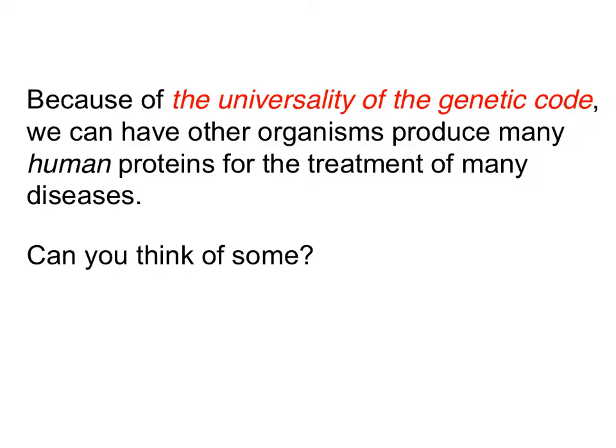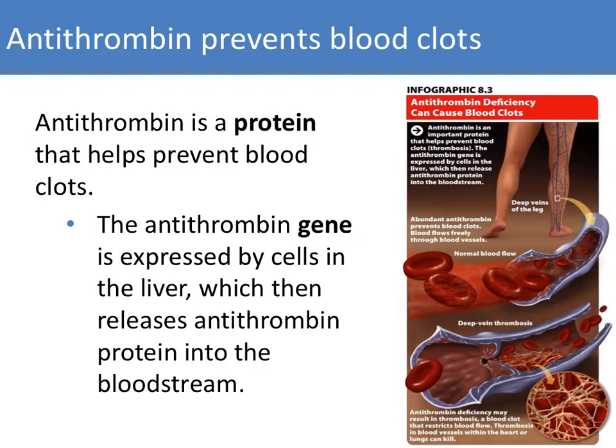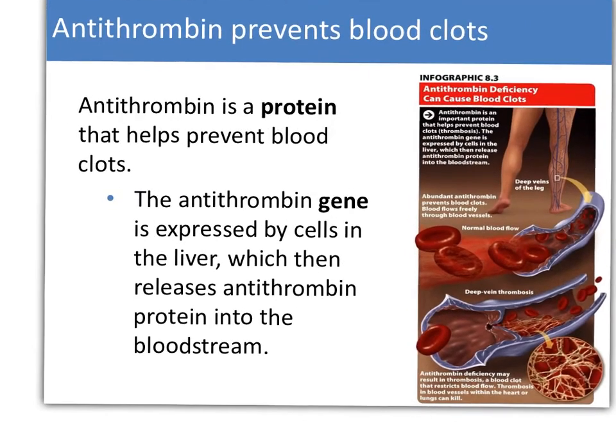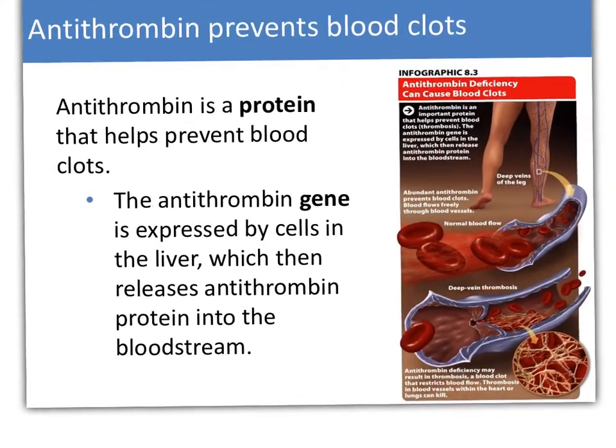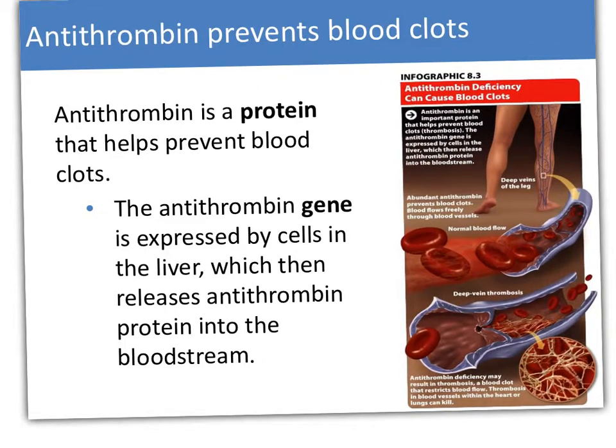So we can do this a lot. We can have other organisms make things that we want, not just bacteria. For example, antithrombin is a protein that helps prevent blood clots.